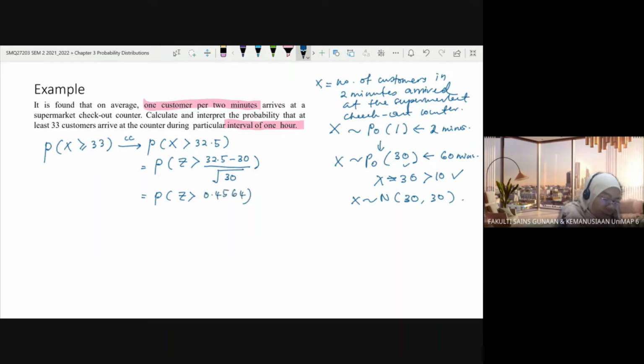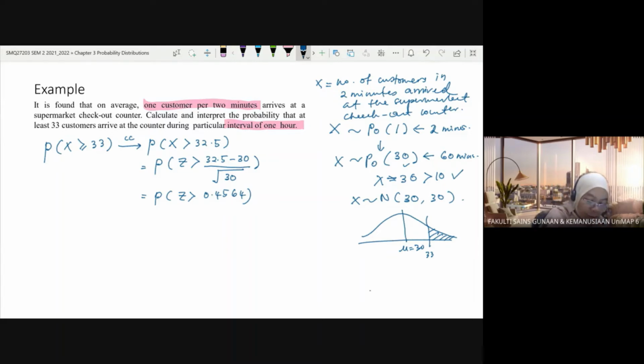If I were to draw the original distribution for this equation, the mean is equal to 30, and you are looking for at least 33 customers, so you are talking about 33 here. The probability you are looking for is over here.